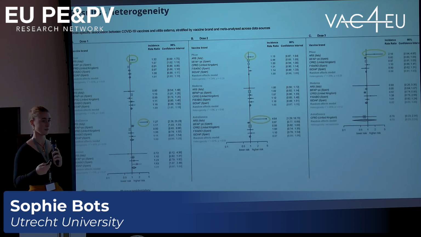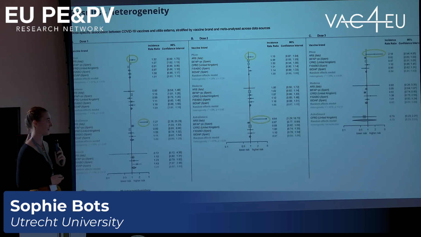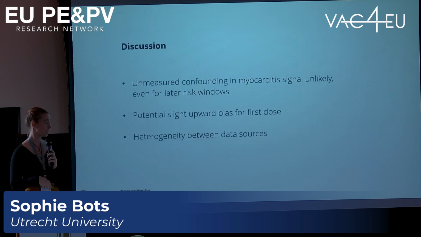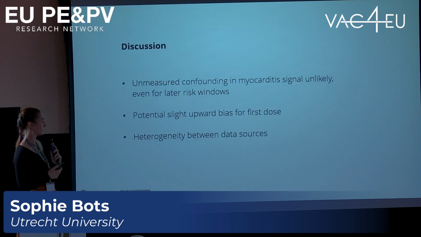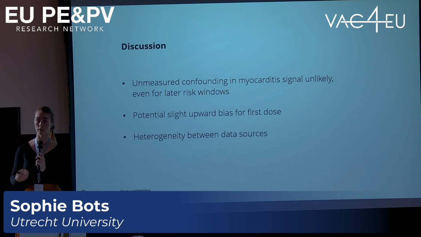And this ties in, I think, very nicely with the previous talk about fit for purpose and selecting the proper data sets, and also then negative controls for your data set. And that's also where I want to end for today. So we think that unmeasured confounding in the myocarditis signal specifically was unlikely, even for the later risk windows, which is reassuring. So the self-controlled risk interval study was very robust to confounding.